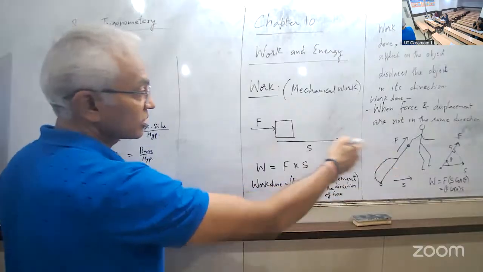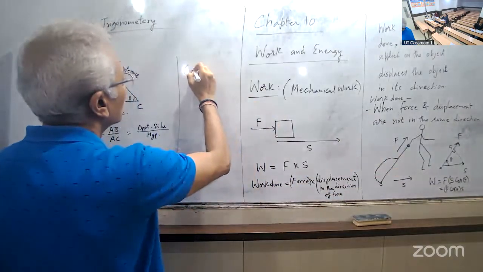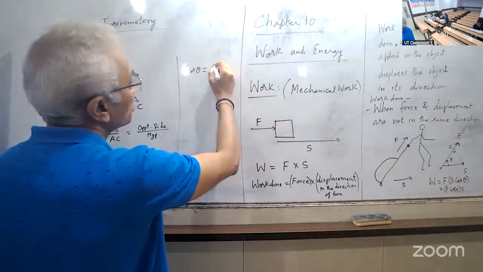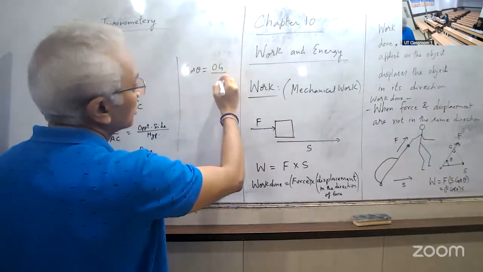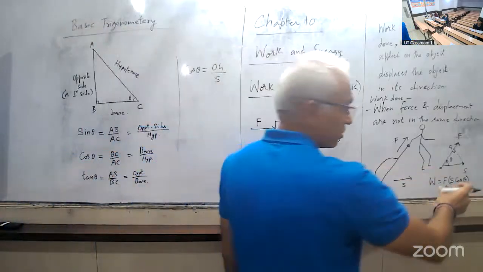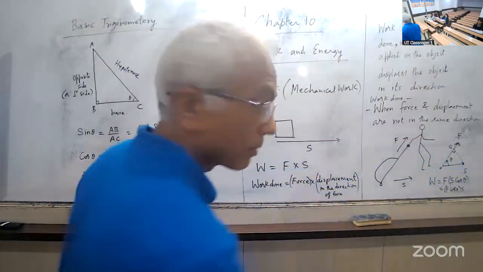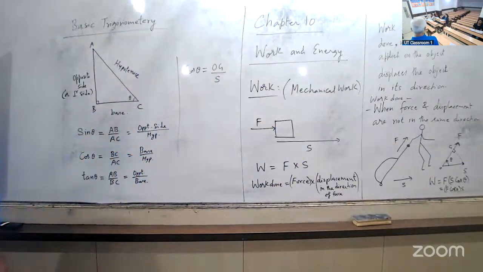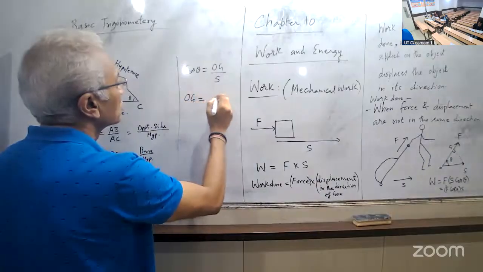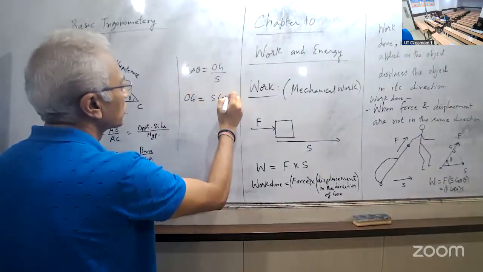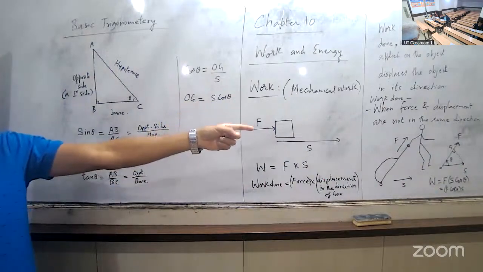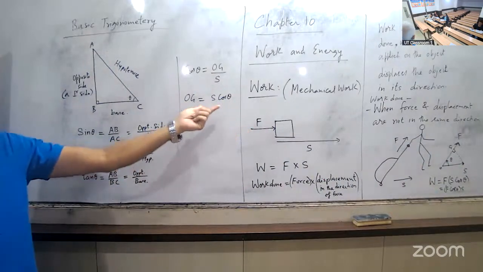So cos theta is base, which is OG, upon OS. OS is the displacement, S. So OG is the displacement in the direction of force, which is S cos theta.